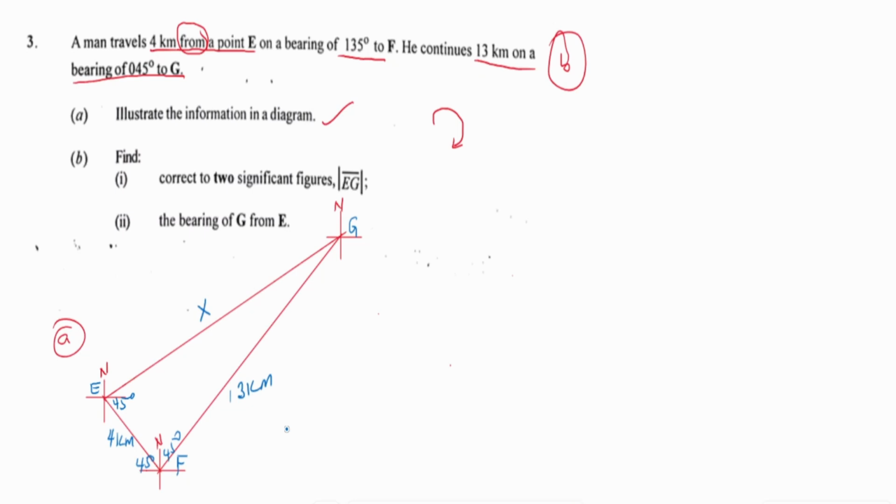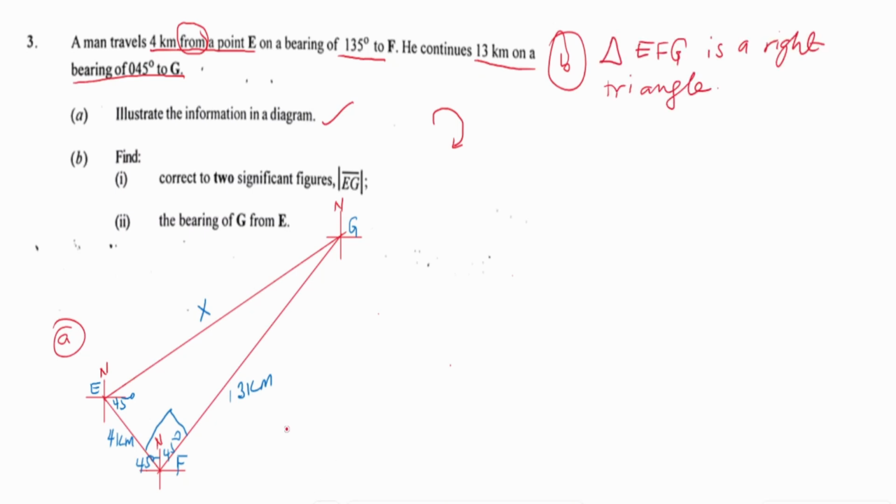And when we look at the diagram, this part will also be 45 degrees since every quadrant is 90 degrees. So it means that the whole of this angle here is 90 degrees, right? So if that is 90 degrees, then it means that triangle EFG is a right triangle, or as some will say, a right angle triangle.